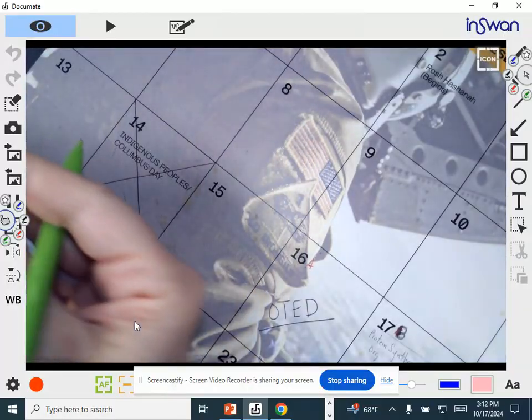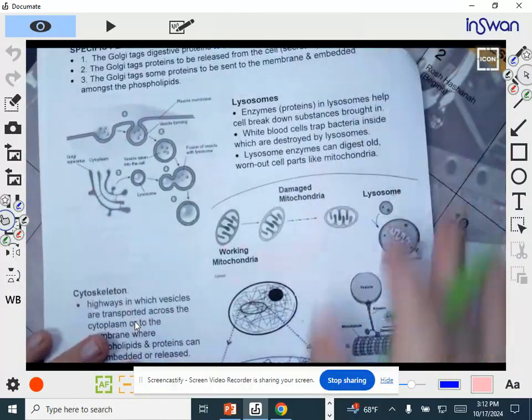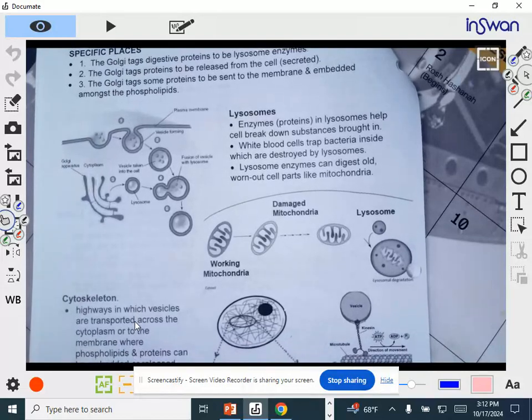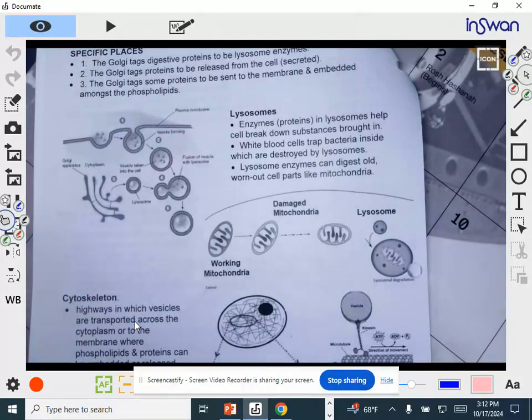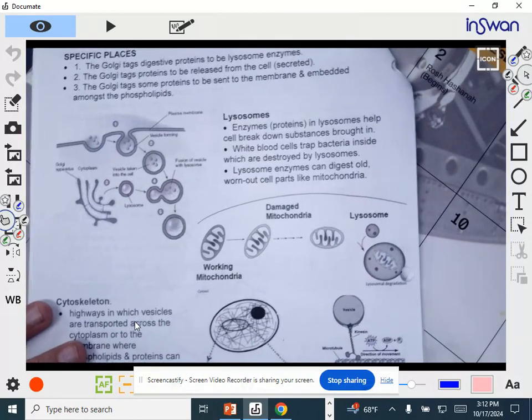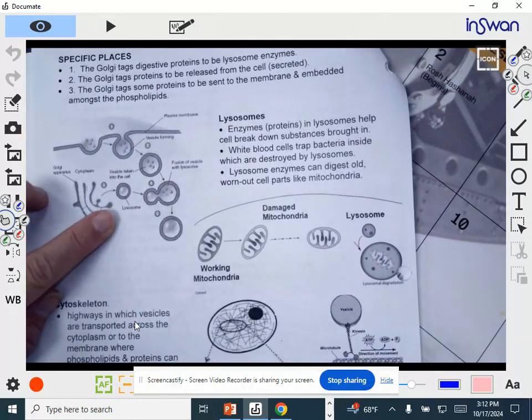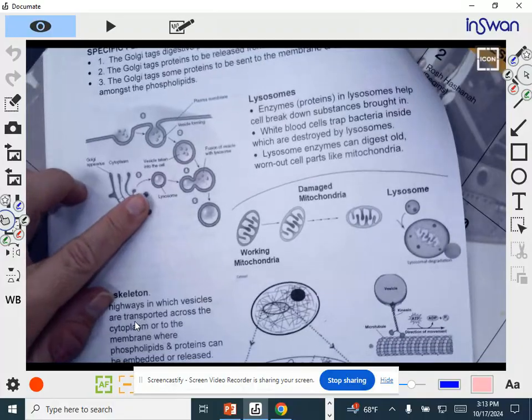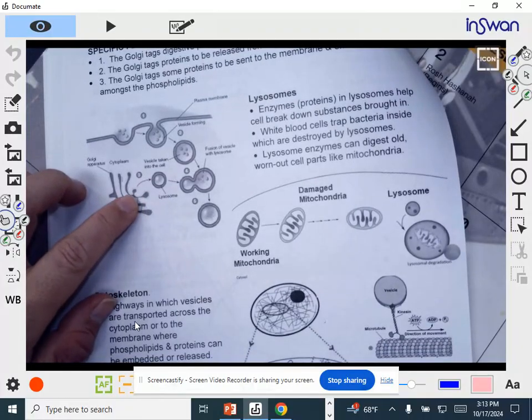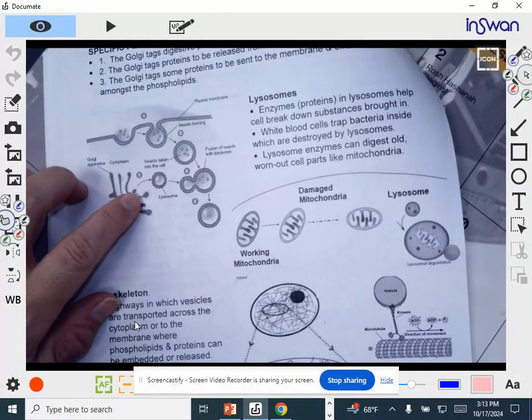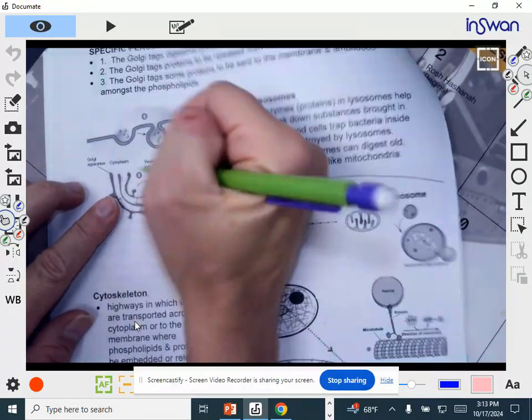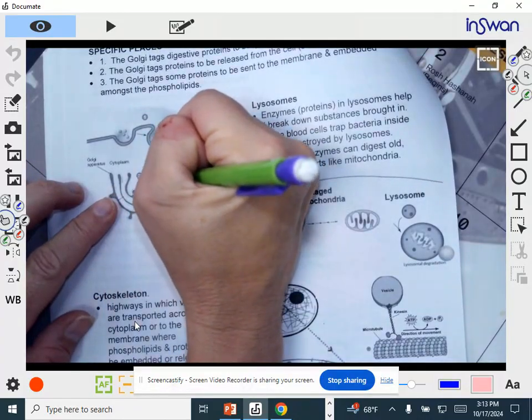All right. On this page, I just wanted to show you a few more pictures about what these lysosomes do, because I just kind of showed you how lysosomes get their proteins, how they get their digestive enzymes. So remember a lysosome, this is a lysosome right here, and it's showing you that if this breaks off and goes here, that's going to deliver some proteins, some enzymes into this structure, which is the lysosome.